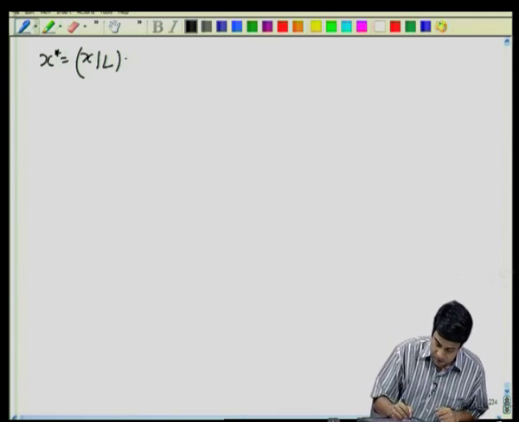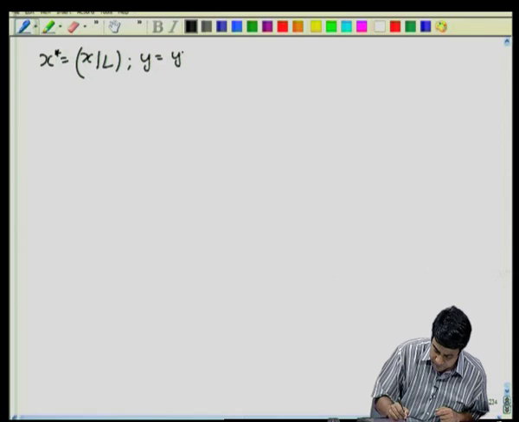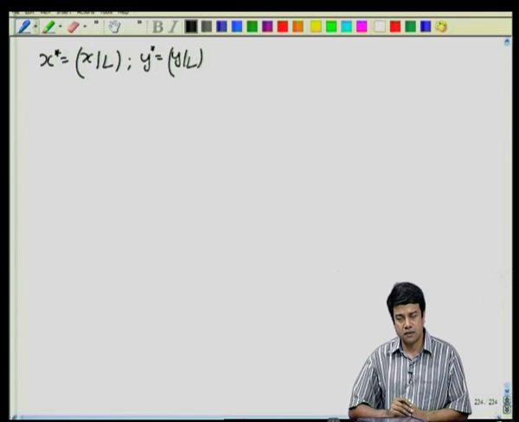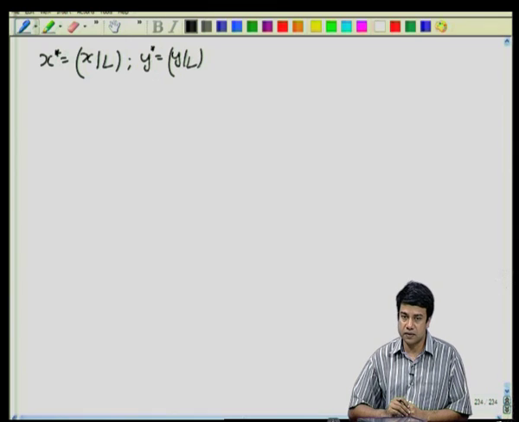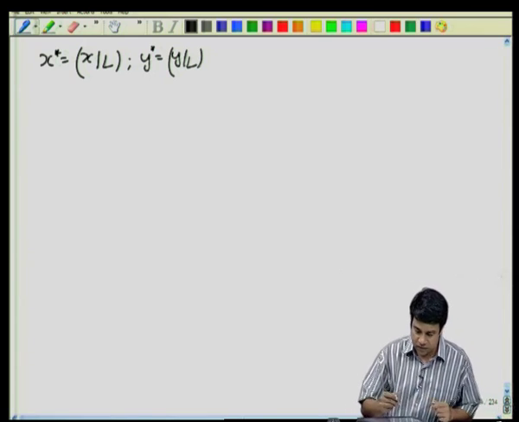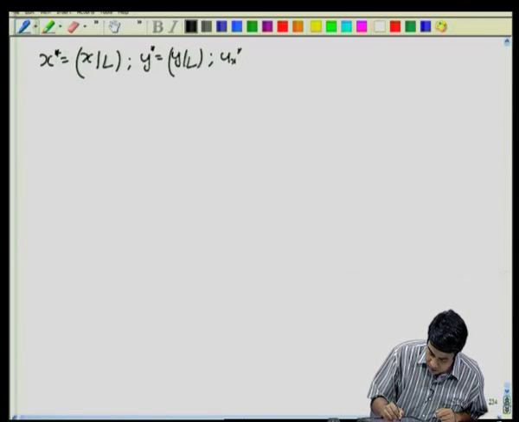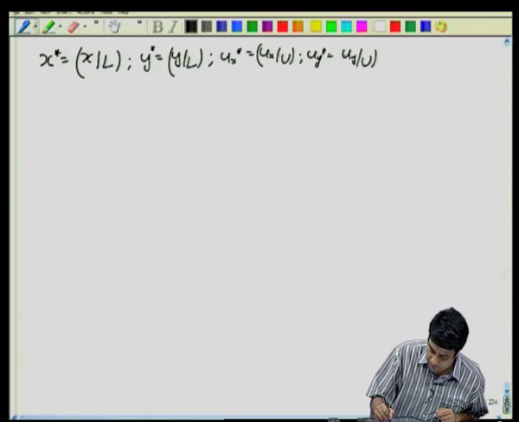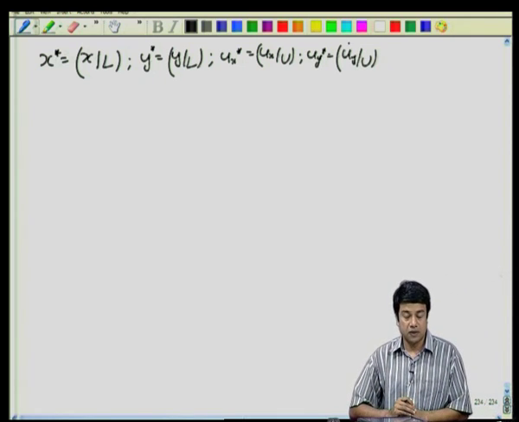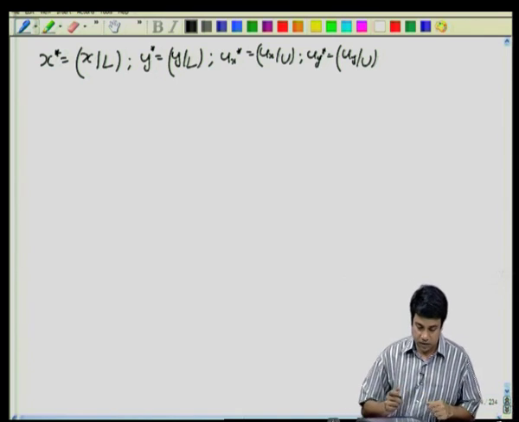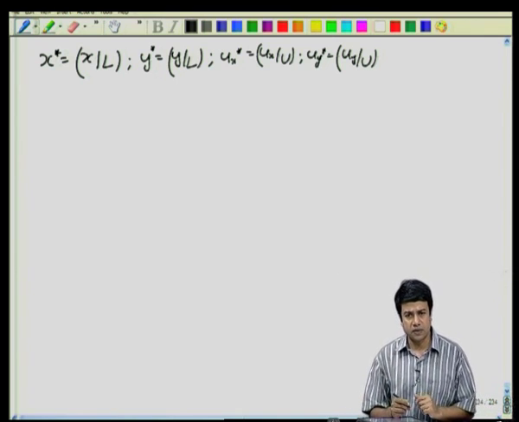Similarly, for y, because there is no other length scale in the problem. And if you are scaling the distances by L, you would naturally scale velocities by the free stream velocity capital U. So, you define ux star is equal to ux by U and uy star is equal to uy by U. Put that into the equation, and I will not go into the details, it is quite easy to obtain.